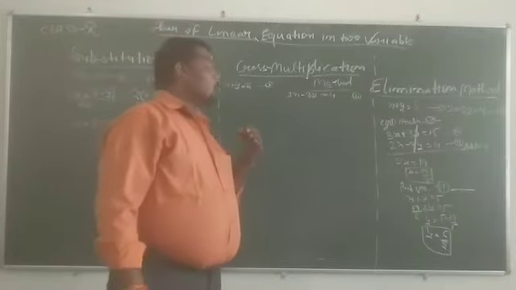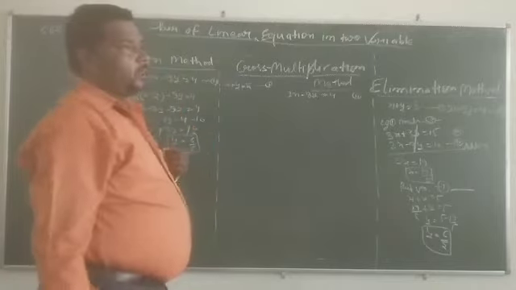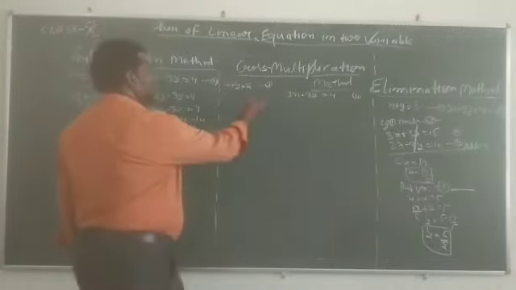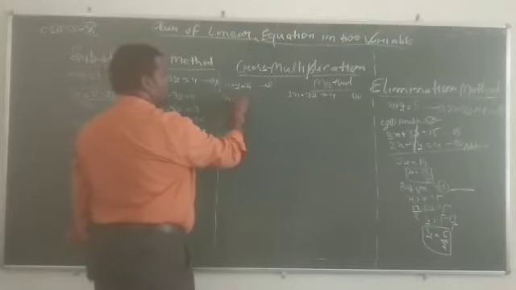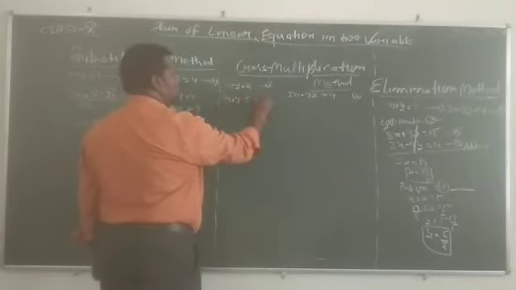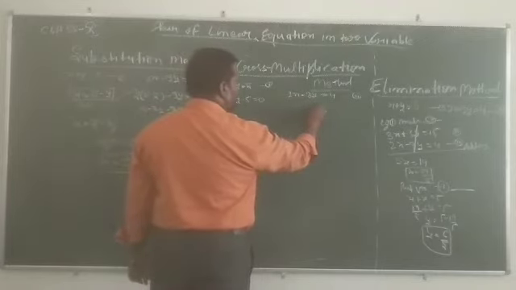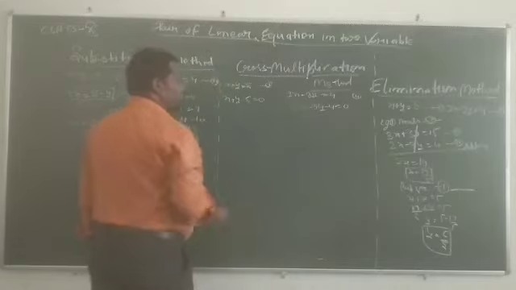Now I am explaining the third method, that is the cross multiplication method. How can you do the cross multiplication method? Students, at first you transfer the constant term to one side, equals to 0: 2x minus 3y minus 4 equals to 0. Right?